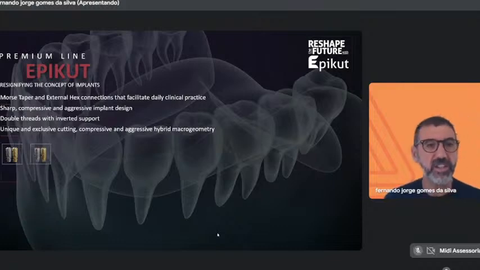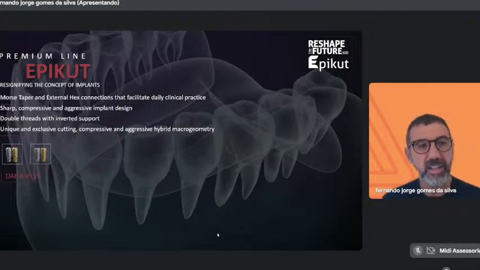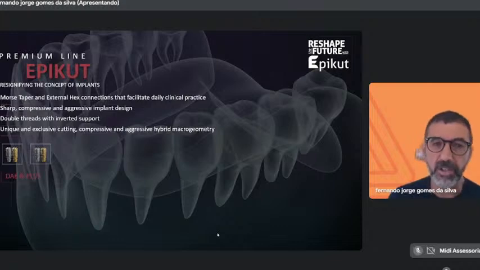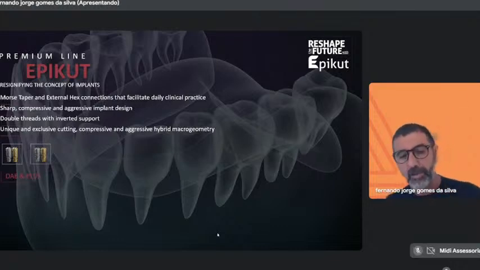such as it has two connections, Morse taper and external hex. It has a sharp, compressive, and aggressive implant design with double threads with inverted support, and a unique and exclusive cutting, compressive and aggressive hybrid micro geometry.